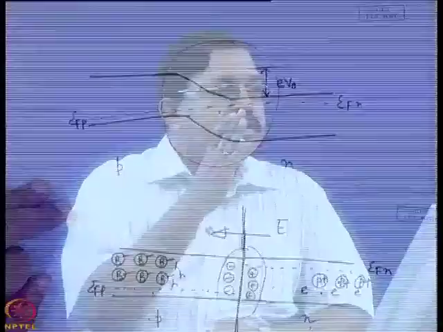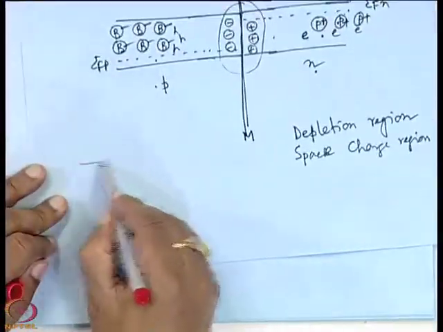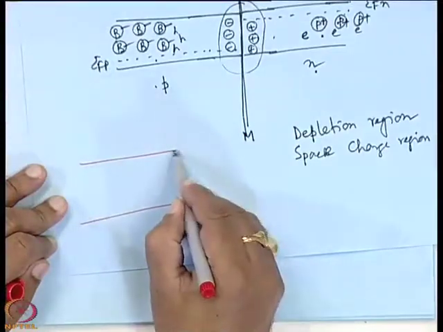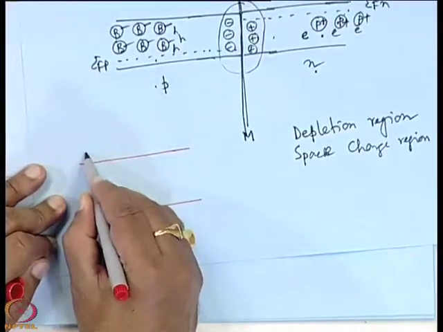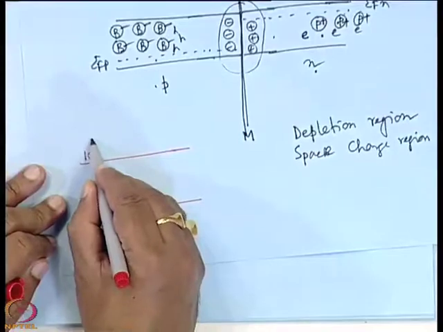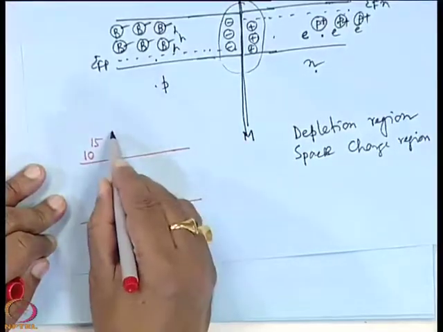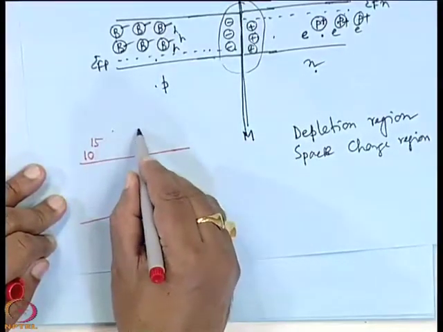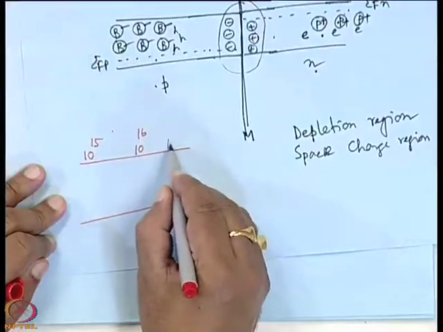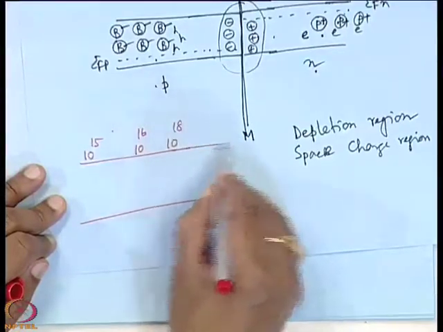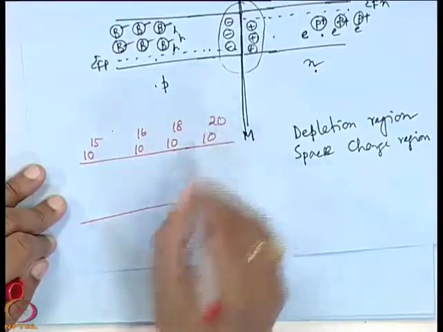You see that when there is a depletion region, the free carriers are very few. So, let us consider this case: here the charge carrier concentration is 10 to the power 15, here it is 10 to the power 16, here it is 10 to the power 18, here it is 10 to the power 20.